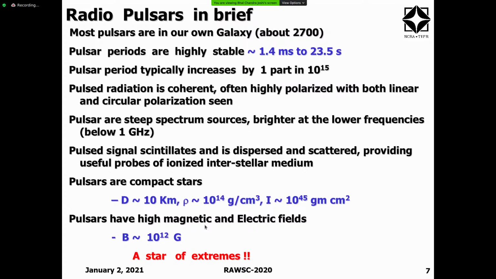They are highly magnetized, with magnetic fields ranging from 10 to the power 9 Gauss in millisecond pulsars to 10 to the power 15 Gauss in the case of highly magnetized pulsars known as magnetars. So in many respects, it's a star of extremes, and this extreme nature of these objects makes them very useful in doing experiments in fundamental physics.